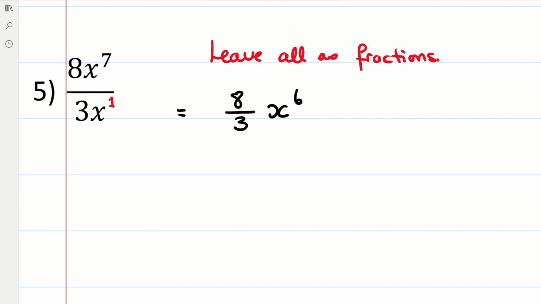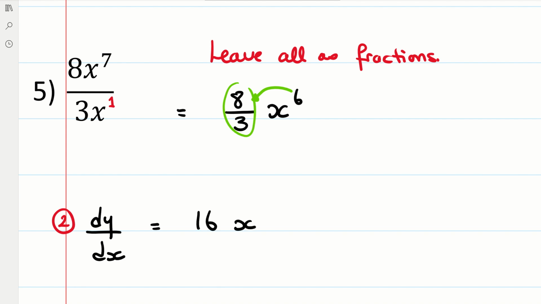And then you would multiply 8 over 3 by 6. So 6 times 8 over 3 is 16. So when we're differentiating, 6 times 8 over 3 is 16, and then x to the power of 5, because I take away 1 from the 6.